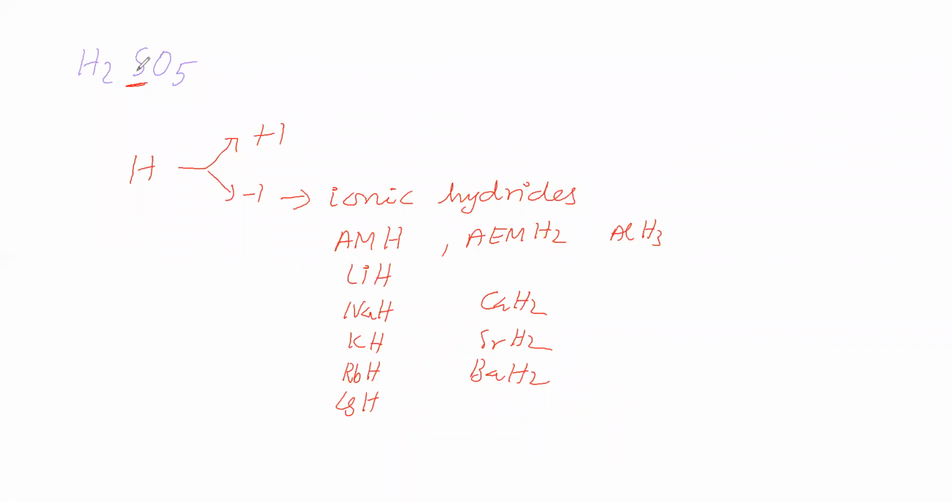Aluminum will show +3, other than +3 not possible. So sulfur can show variable oxidation numbers. So first we will find the sulfur oxidation number, and from that we will come to know whether peroxide is there or not.